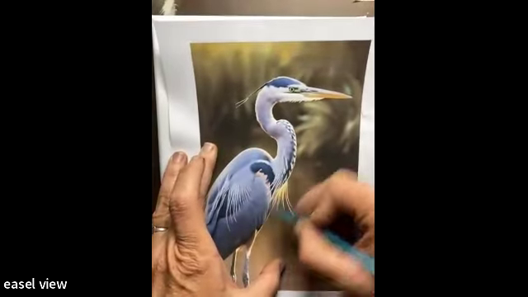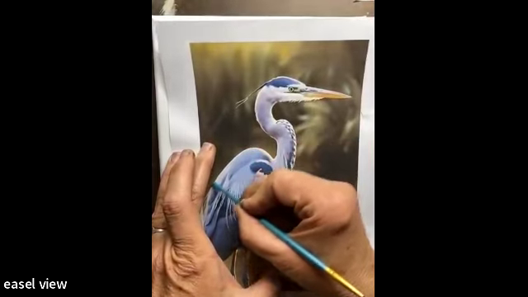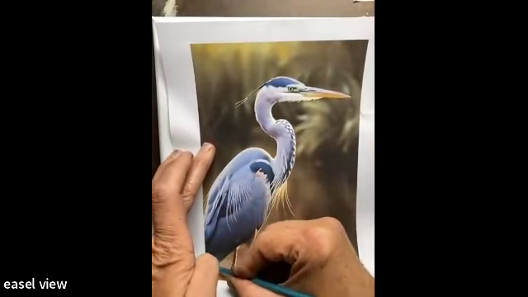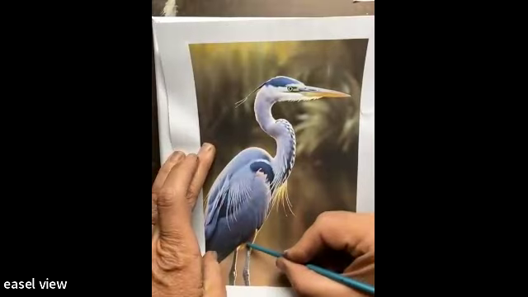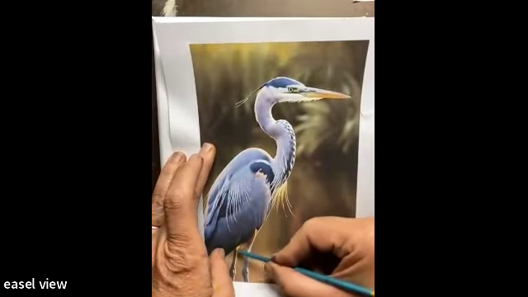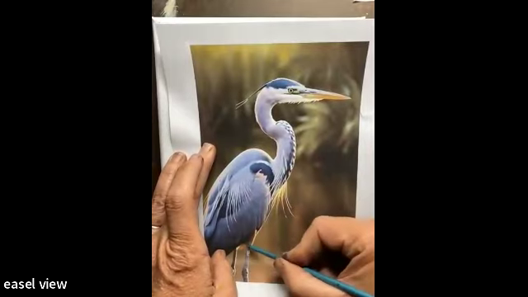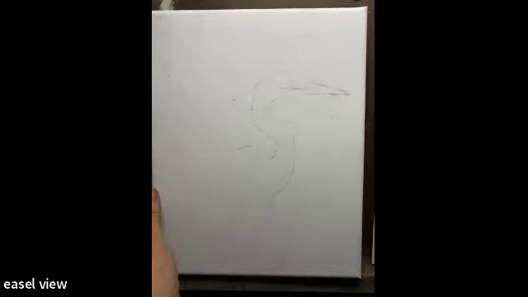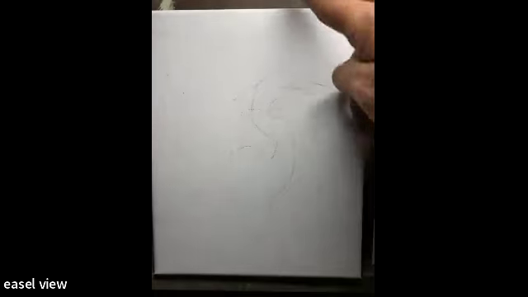Now, we're going to be painting the background. A lot of what I'm putting on the canvas is going to disappear almost as soon as I start painting. But what I have done is set up a ghost-like image of the heron, so you can see roughly where the bird's going to be.